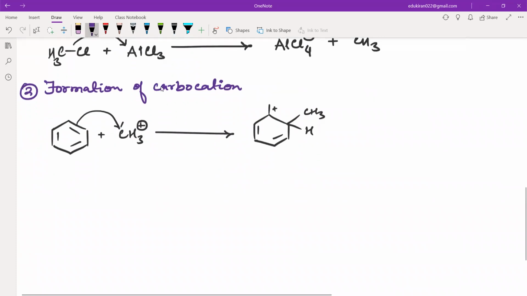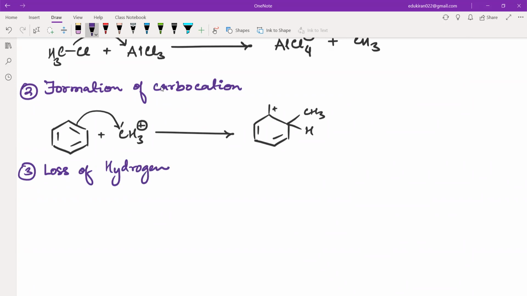Third step will be again loss of hydrogen. So in this we have the benzene ring. One of the chlorine atom will attack on this hydrogen.